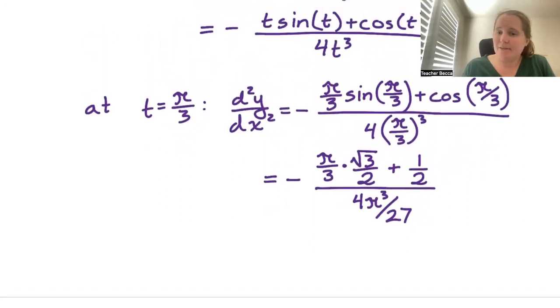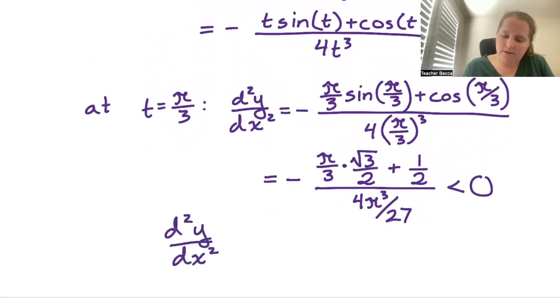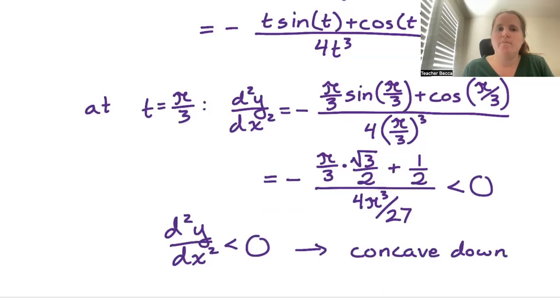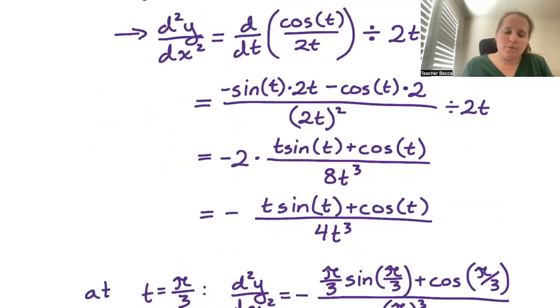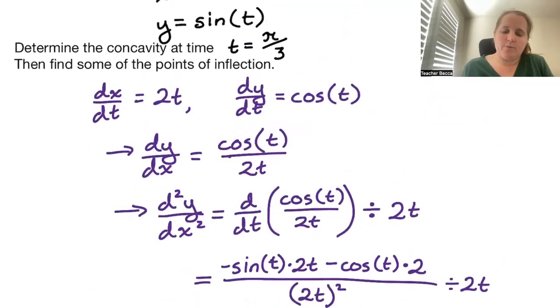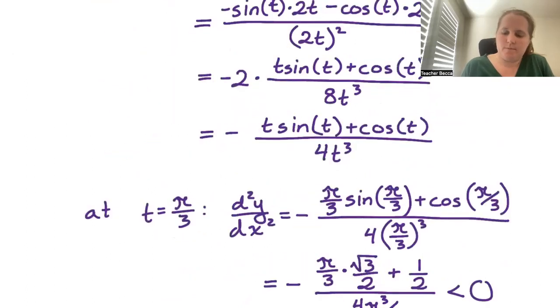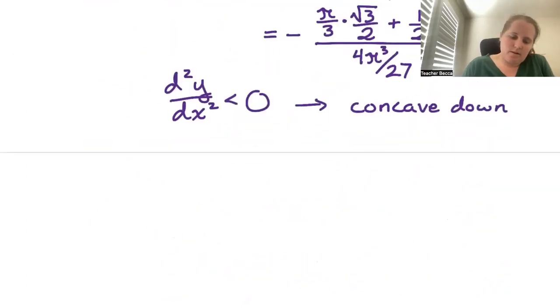This is a negative value, it's less than 0. So since d squared y over dx squared is less than 0, we get concave down. Finally, we are asked to find some points of inflection.